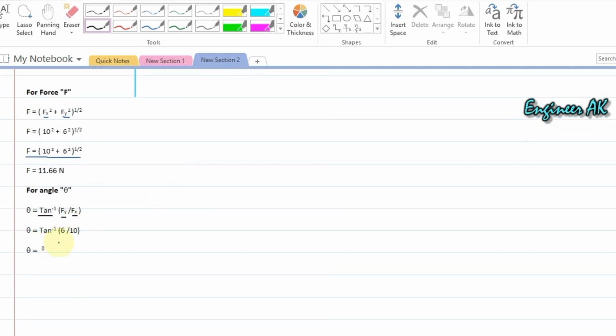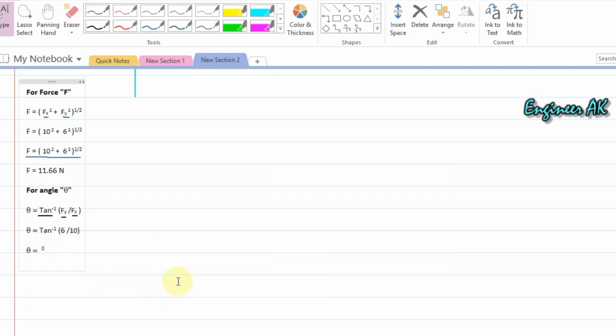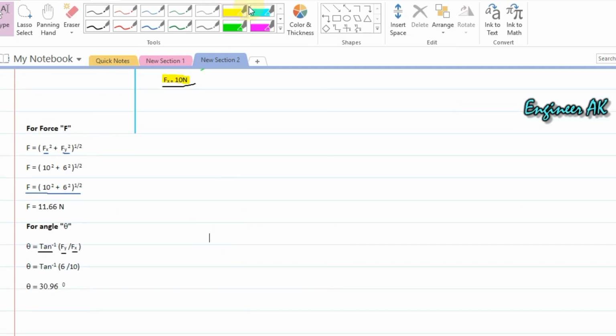If I plug in the values in the calculator, tan inverse of 6 divided by 10, what we get is 30.96 degree. So we have found these two values.